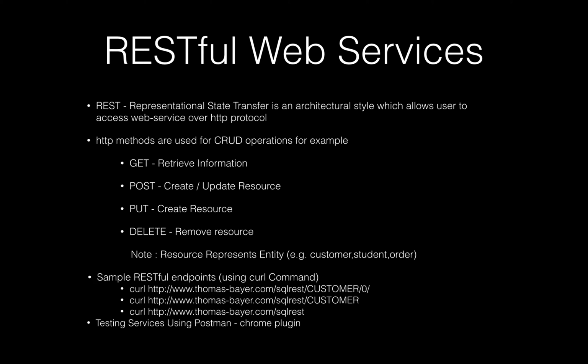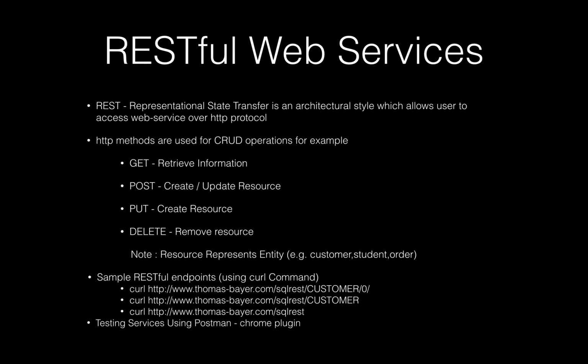So how are these resources exposed and how are these resources actually used? When we create a project and a demo, we will come to know how the resources are created. But in a very simple sense, you can just open up your terminal and type in a curl command with the resource mentioned here, which is http://thomaswire.com/SQL/customer/0.